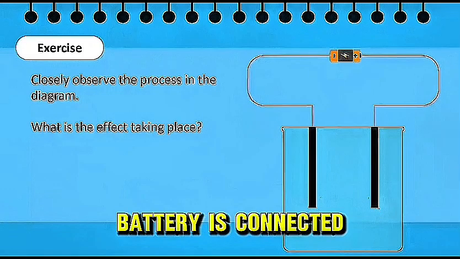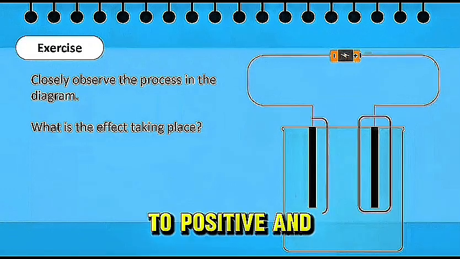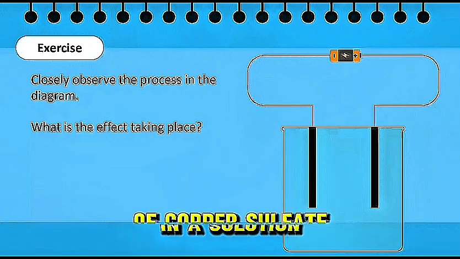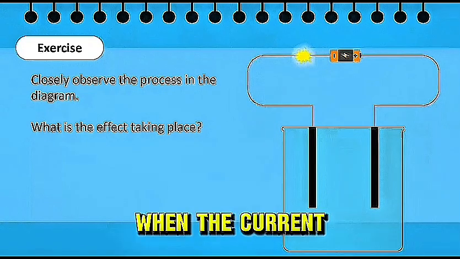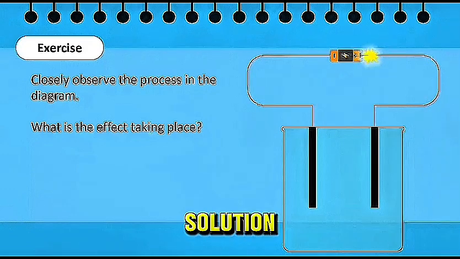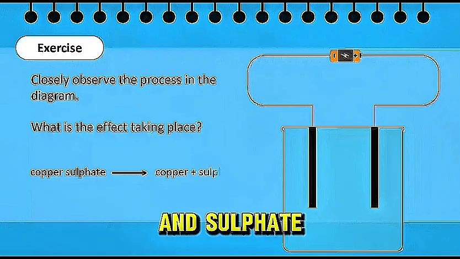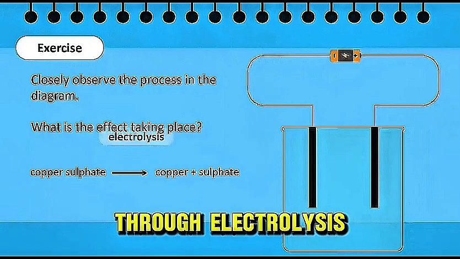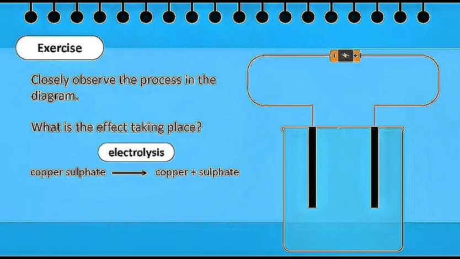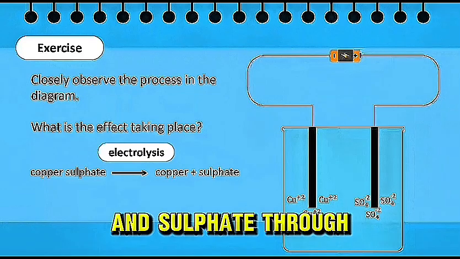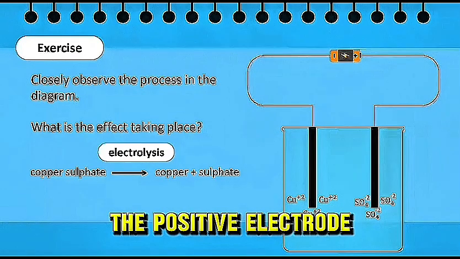Notice that the battery is connected to positive and negative electrodes that are dipped in a solution of copper sulfate. When the current passes through the solution, copper sulfate breaks down into copper and sulfate through electrolysis. Copper is collected through the negative electrode and sulfate through the positive electrode.